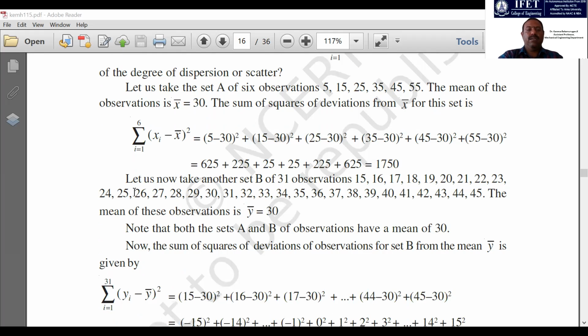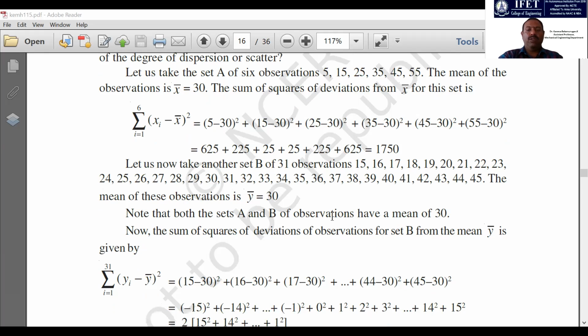And you take another set of observations, that is B. For example, some systems give 31 observations from 15 to 45. Here also the mean value is 30. Here x bar means the mean of the x values, and y bar means the mean of the y values, and both are the same. We already saw in the last lecture the batsman example, where the means of both batsmen A and B are the same.